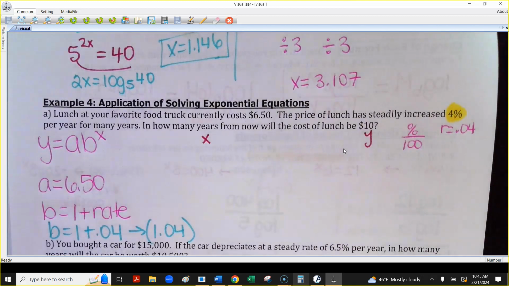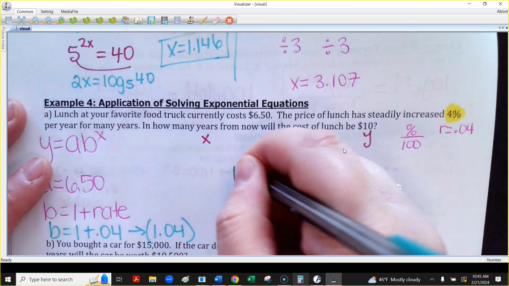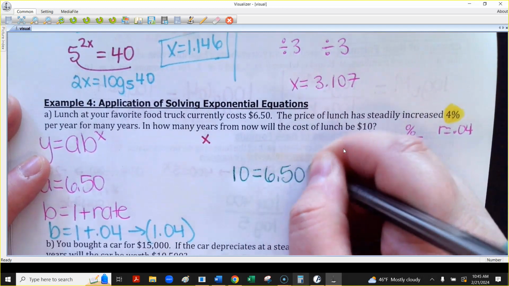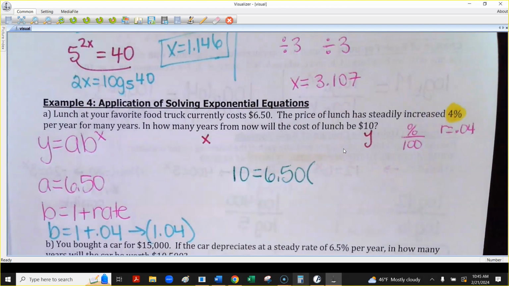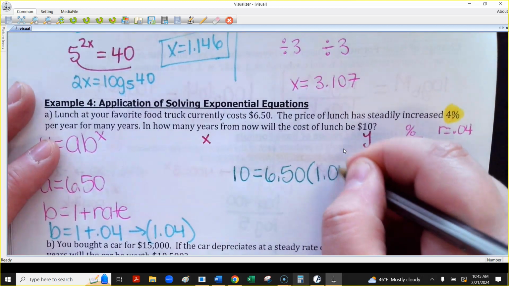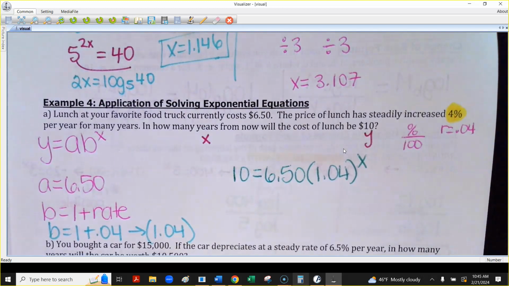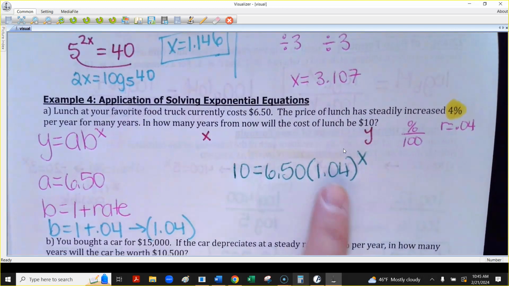So we're going to set this up. I'm going to write 10 equals 6.5, you don't need the 0, times my b value, 1.04 to the x. Now, these are super tricky, and the thing that everyone always wants to do is take the 6.5 and multiply it by the 1.04.